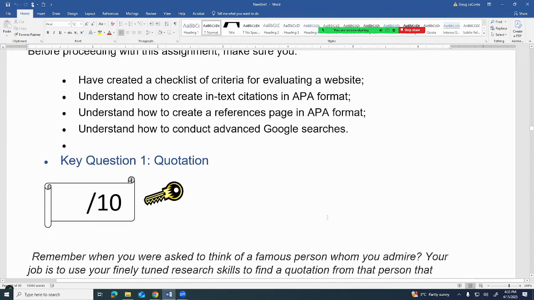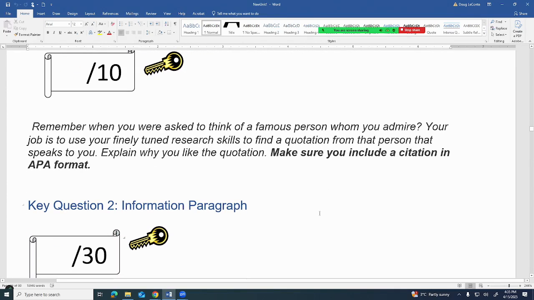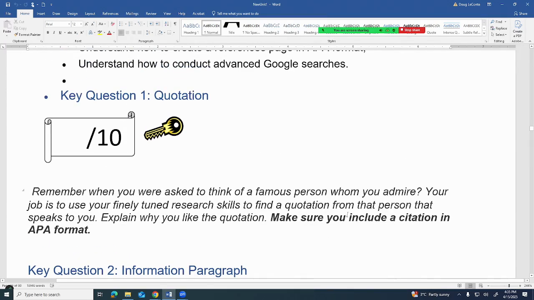Okay. So what are we going to do here for key question one? We're going to just start right at the very basics. Now, earlier on in the course, or yesterday, we were discussing a famous person that you might admire.